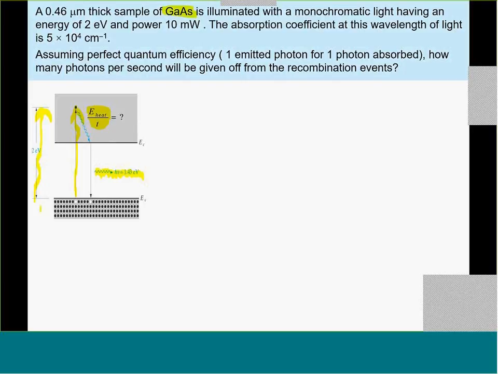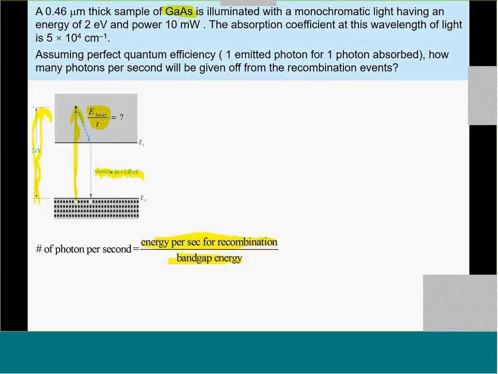So we know the incident energy, and we know how much energy has been absorbed per second, but we need to find how much of it is lost as heat before we can calculate how many photons per second. Photons per second equals the energy per second available for recombination divided by the band gap energy.